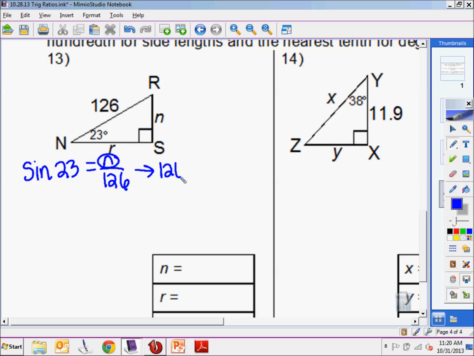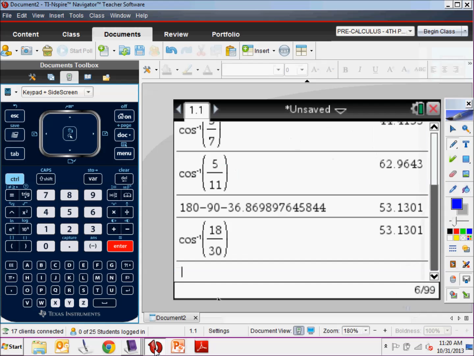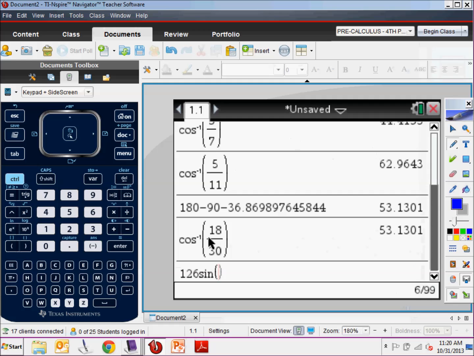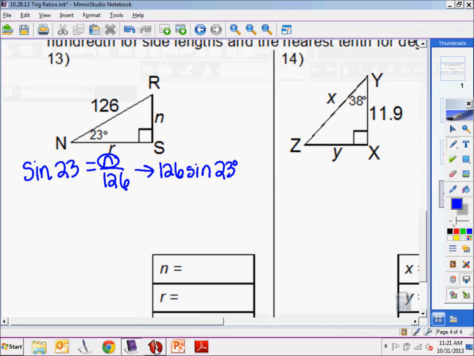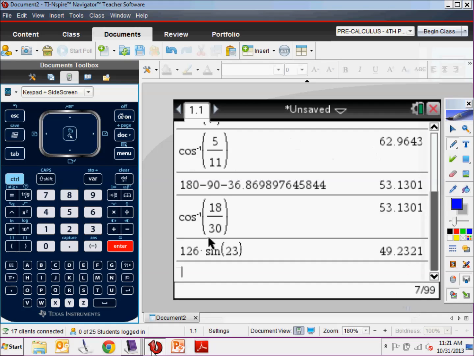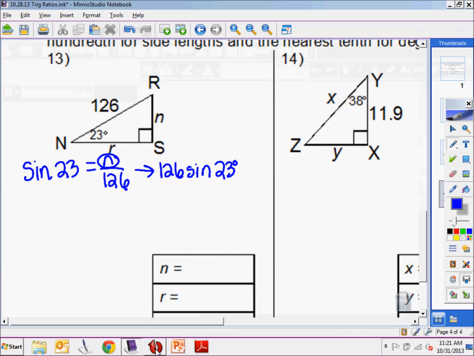So 126 times the sine of 23 degrees is, I don't know, but I have a calculator that'll tell me. I put in 126 times the sine of 23, and I get 49.23. So n is 49.23 units.